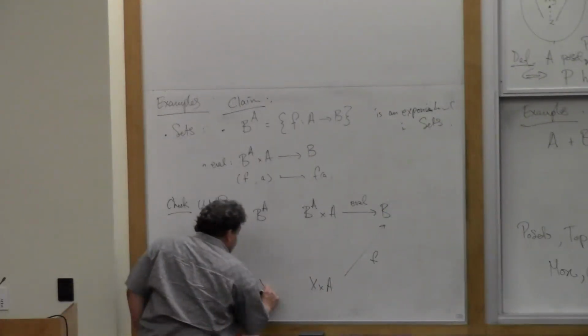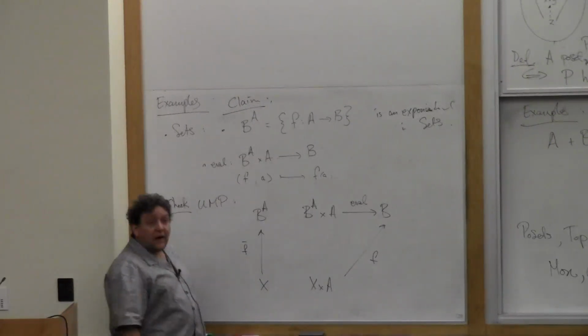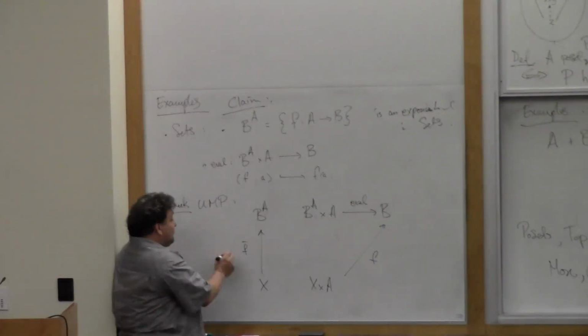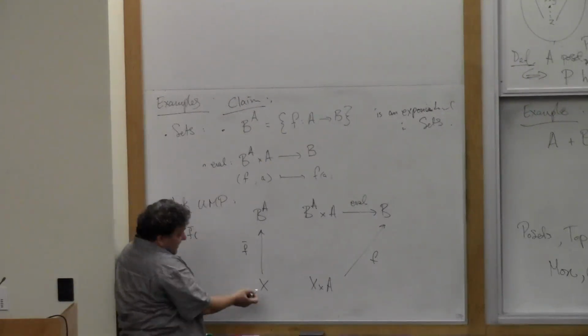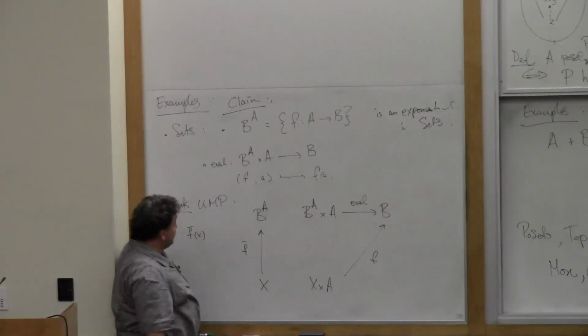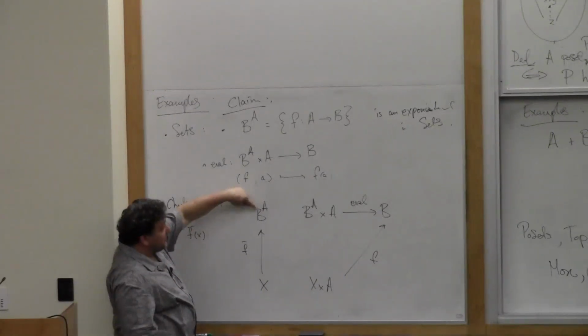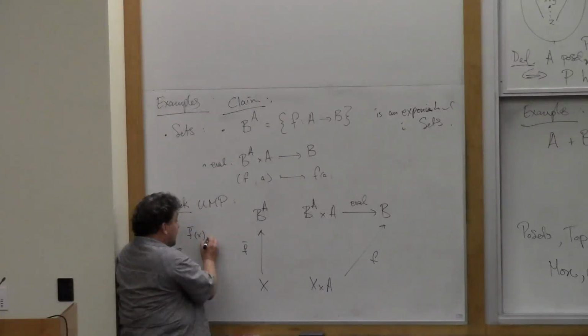So now what I need to do is get f bar over here. So what should it be? Well, f bar I'll define to be, it takes an argument from x, and it's supposed to return a function from a to b. Well, what should I take?